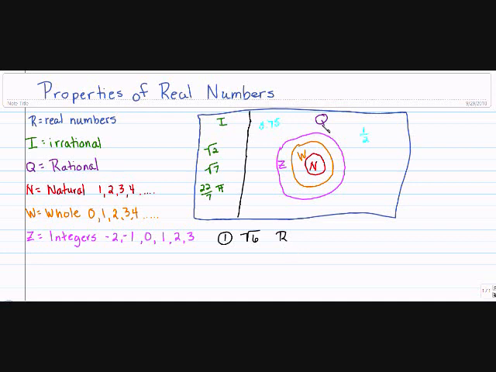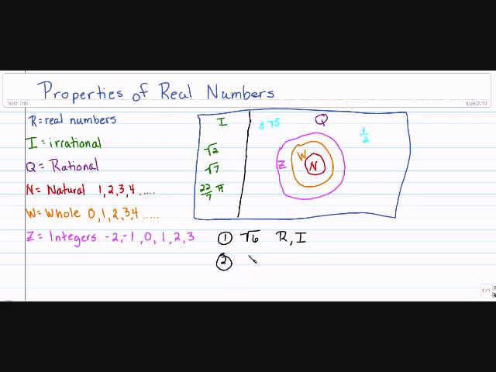Is it under the rational or irrational? Well, I take a look at it and I say radical 6. 6 is not a perfect square. If I were to solve radical 6 on the calculator, I would not get a whole number, so therefore it is irrational. Remember, all square roots that are not perfect squares are irrational. So my answer is I.